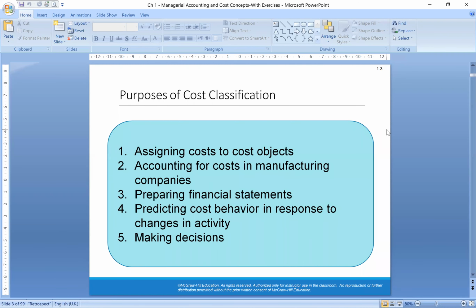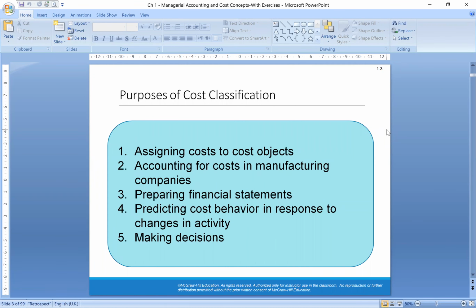Accounting for costs in manufacturing companies: we need our information in managerial accounting and cost accounting, and these are a family. We need this information mainly to be used in manufacturing companies. As you remember in principles, we have three kinds of companies. First is merchandising companies, those who are buying and selling without any modification, without any manufacturing processes.